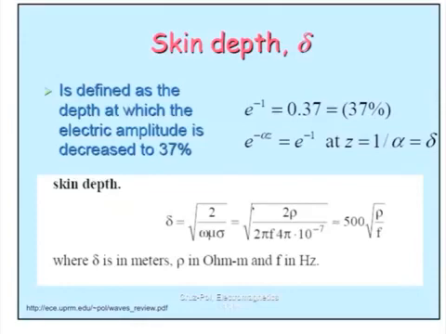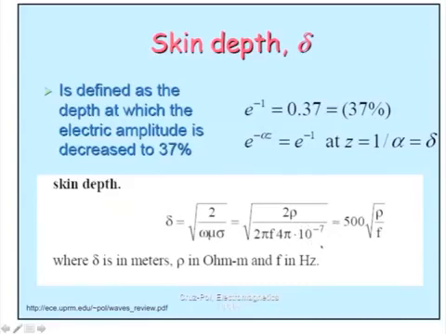Let's put this into some terms that we're a little more familiar with. Omega is just 2 pi f, the frequency in hertz multiplied by 2 pi, which gives the angular frequency in radians. The magnetic permeability is 4 pi times 10 to the power of minus 7, a small number.